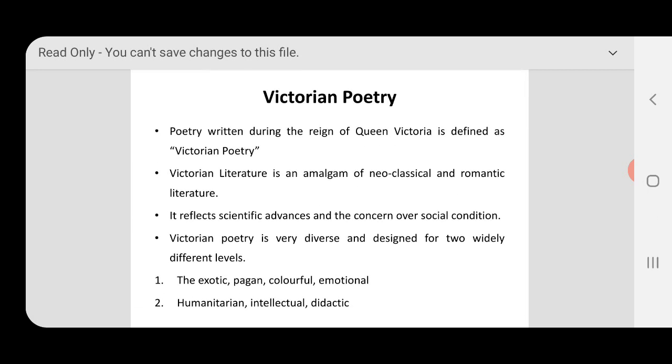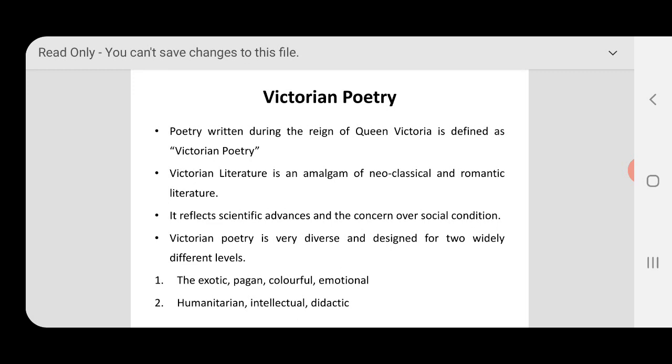Victorian poetry is poetry written during the reign of Queen Victoria, and Victorian literature is an amalgam of neoclassical and romantic literature. It means that in Victorian literature you can see the elements of romanticism and neoclassicism.